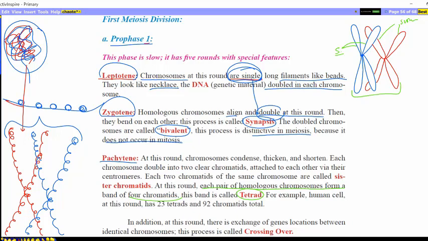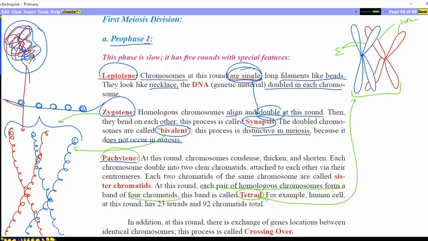In the zygotene stage we call them bivalents, but as shortening and thickening increase, they become clear to see, and we call them tetrads. So a band of 4 chromatids, consisting of a pair of homologous chromosomes in the pachytene stage of prophase 1, is known as a tetrad.